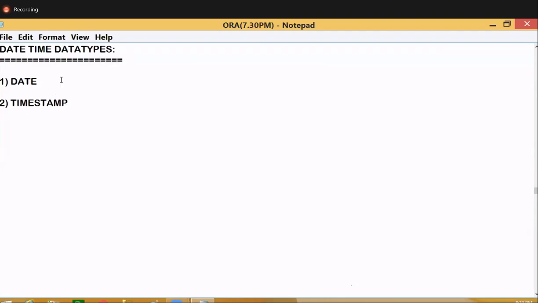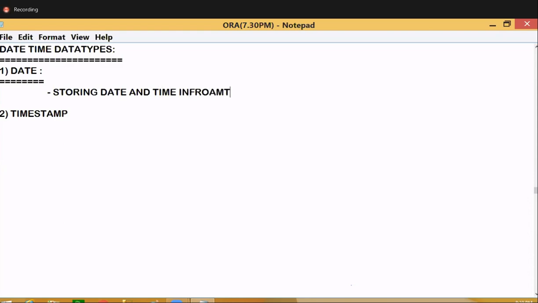What is the difference between date and timestamp? Generally, when I'm using the date data type, it allows storing date and time information.